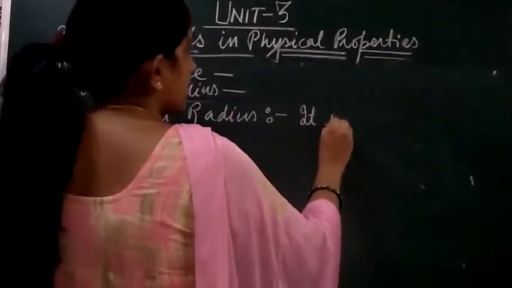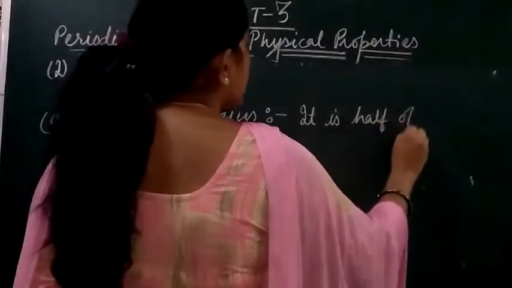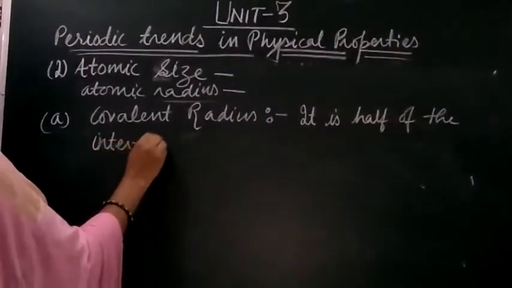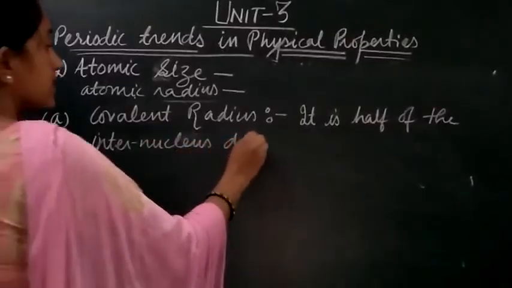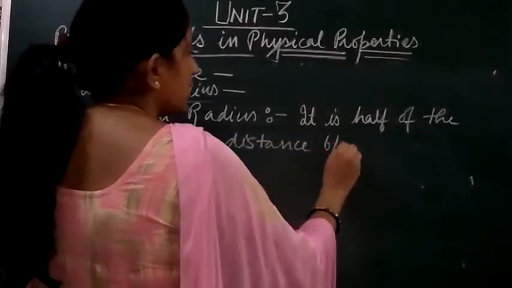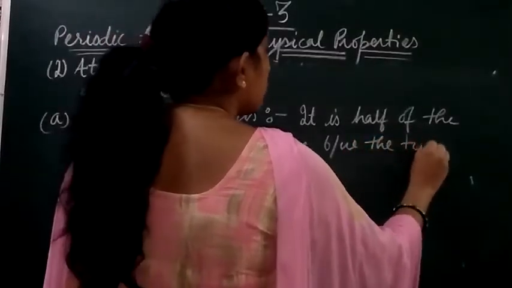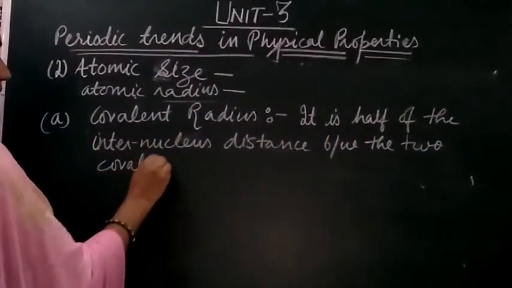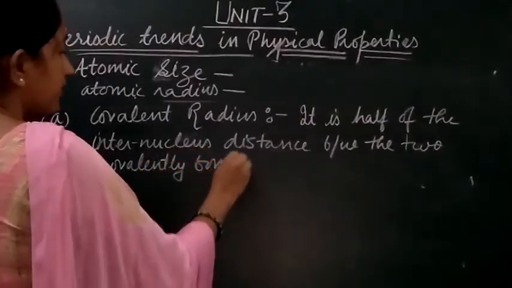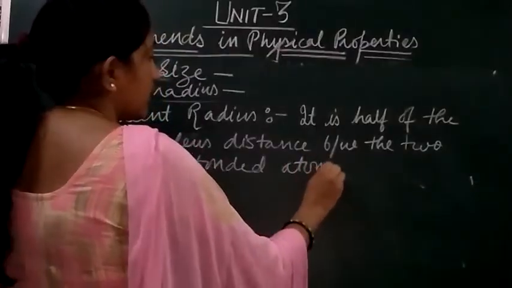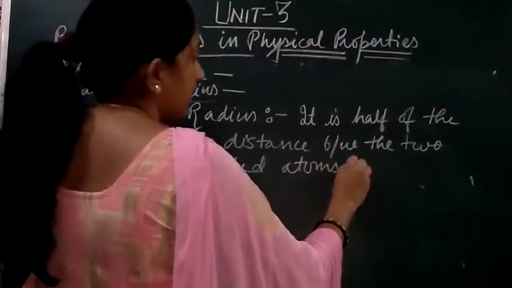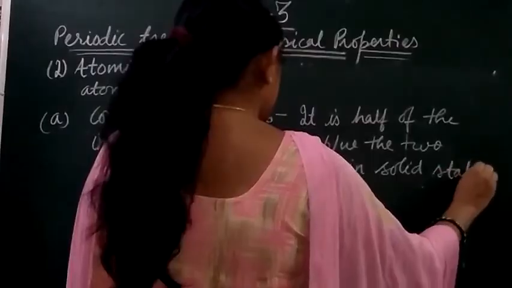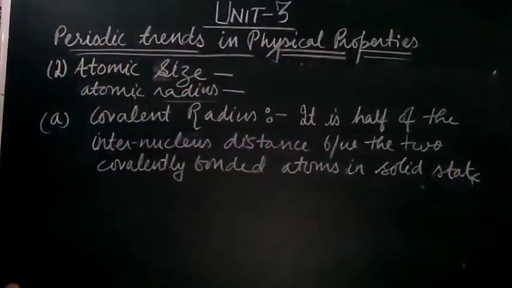It is half of the internuclear distance between the two covalently bonded atoms in the solid state. So between the two covalently bonded atoms in the solid state.